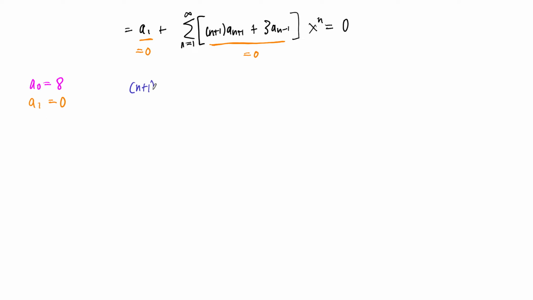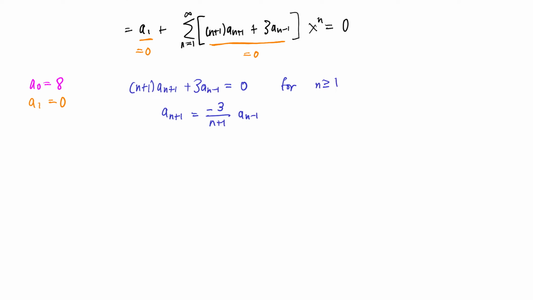I'll write it in 2 steps. n plus 1 times a sub n plus 1 plus 3 times a sub n minus 1 equals 0. This is true for n greater than or equal to 1. And we can solve this for the larger index, right? So a sub n plus 1 is then equal to negative 3 over n plus 1 times a sub n minus 1. Again, for n greater than or equal to 1.